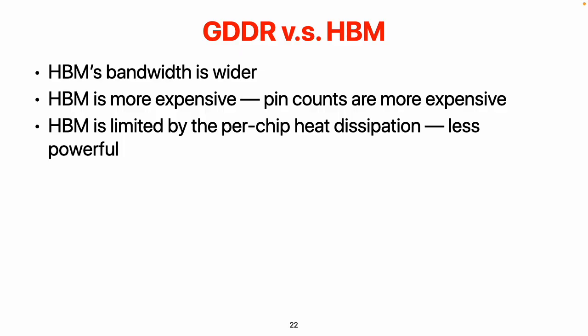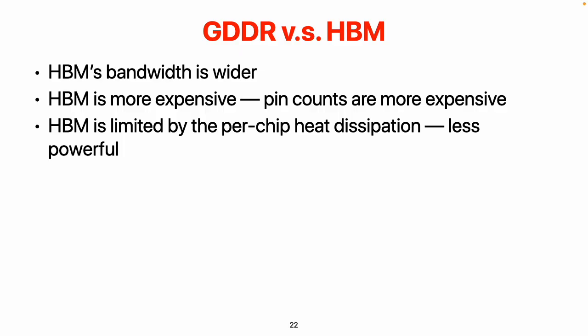But with HBM, because the chip is already manufactured this way, you cannot add more memory to it. So GDDR gives people more manufacturing flexibility in making the expansion card they'd like.